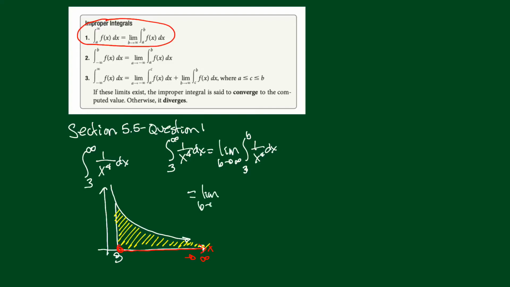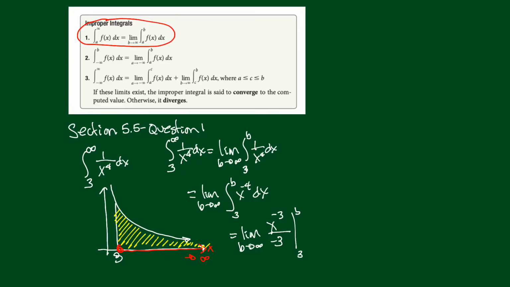Let's take the limit as b goes to infinity of the integral from 3 to b of x to the negative 4 dx. Continue on, we'll get the limit as b goes to infinity of, now anti-differentiate, x to the, increase the exponent by 1, negative 4 plus 1, negative 3, divide by that new exponent, negative 3, and we're going from 3 to b.